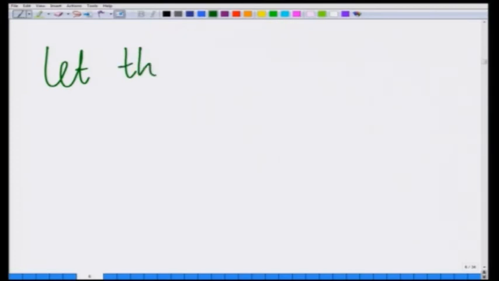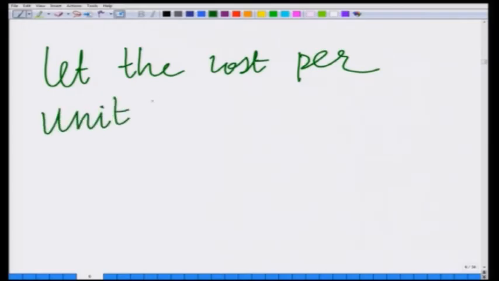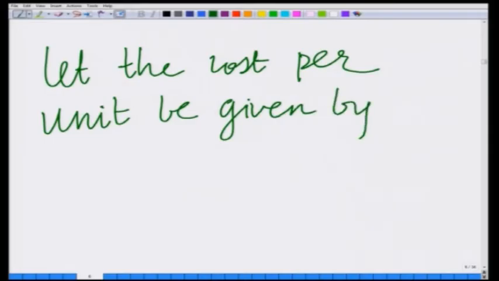And further, let the cost per unit be given by C, which is another constant.